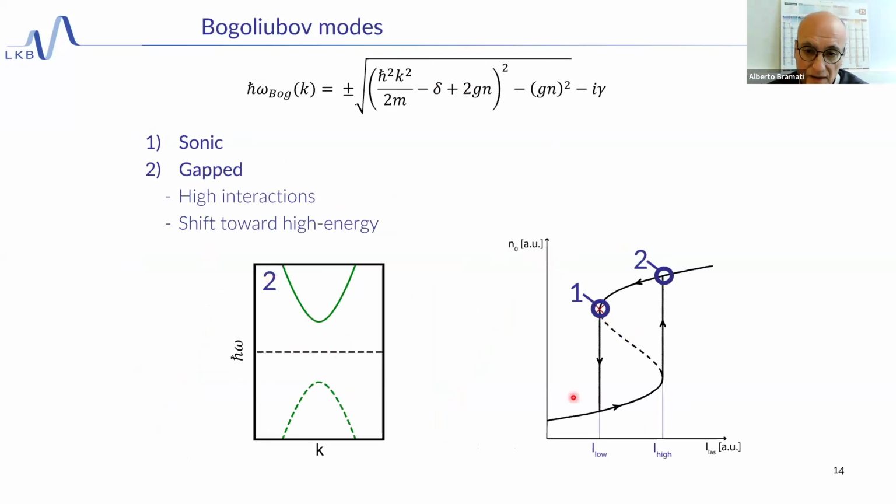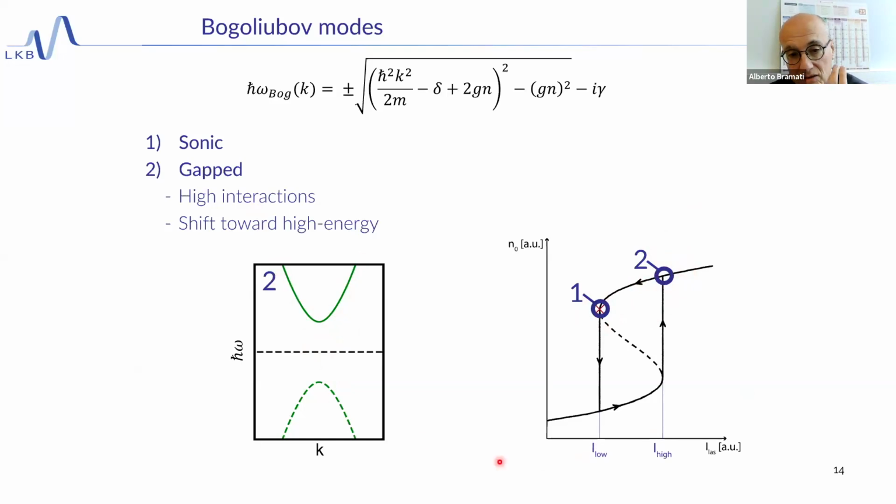But the fact that we have a driven-dissipative system also allows us to have different behavior. In particular, if we increase the pump intensity and drive the system at this point, far away from the sonic point, what we observe in the Bogoliubov dispersion is the opening of a gap. The two branches are separated in energy, and in particular the linear behavior is lost.